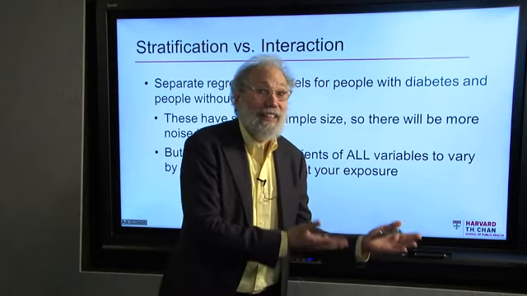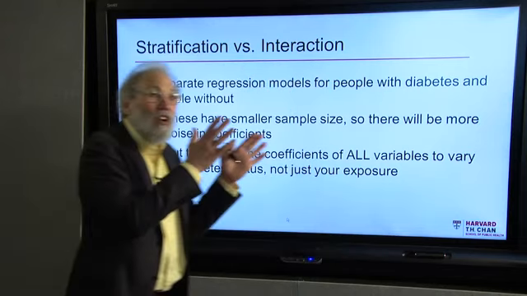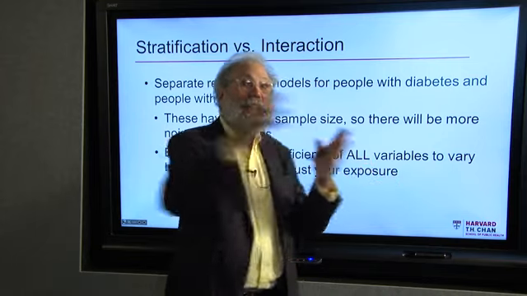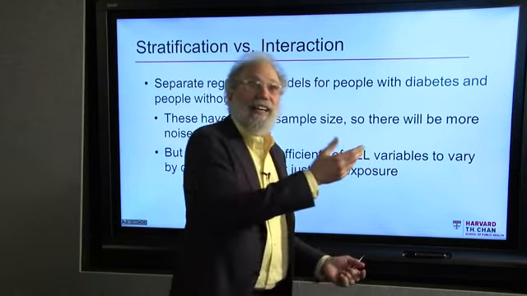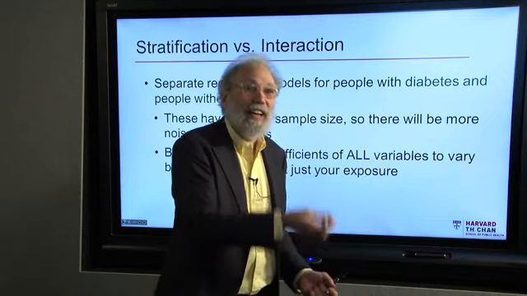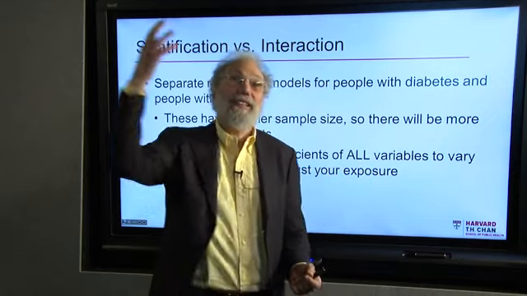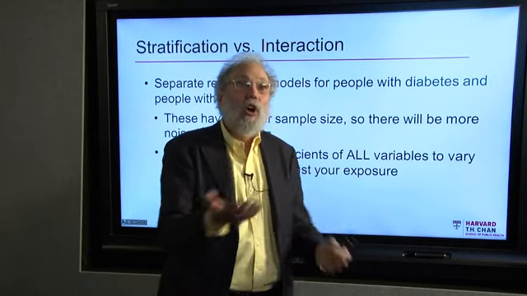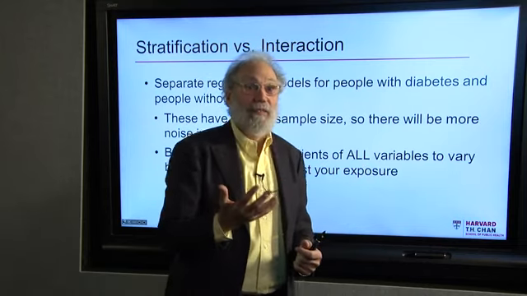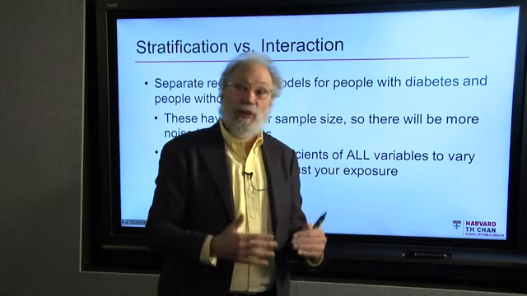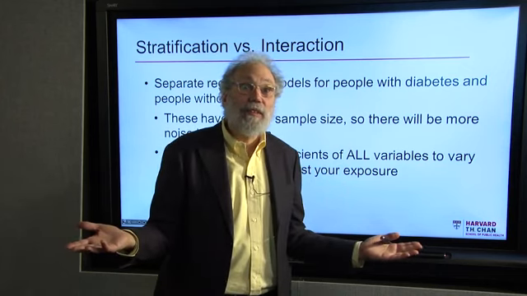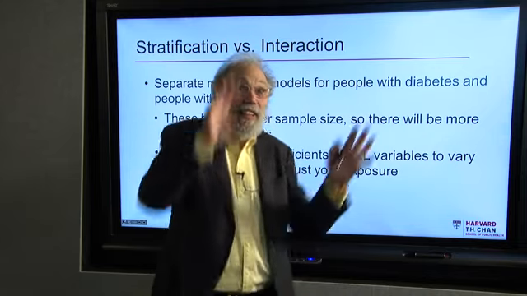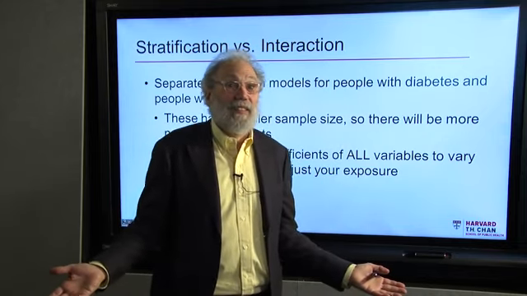The good news is if I fit a model where I regress outcome against my exposure and control for age and race and sex and body mass index and all the usual suspects, all of those variables can have different coefficients in the 2 different groups. There's nothing connecting the coefficients in the 2 groups. You're analyzing them separately.